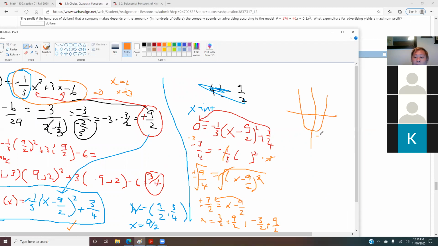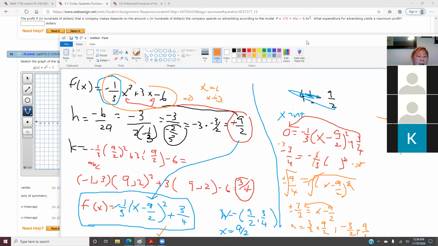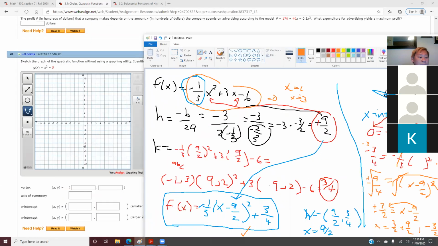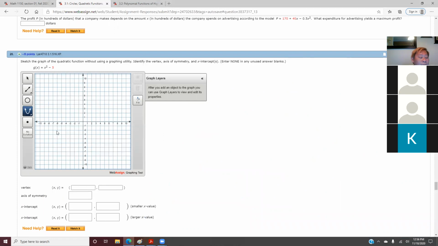This is at -5. So how we do this is, we click on here and then click on the -5. Click on this graph, click on, where's my cursor? What happens to it? Should be able to click.